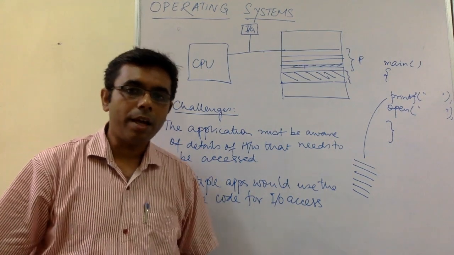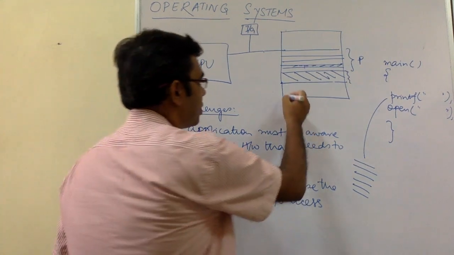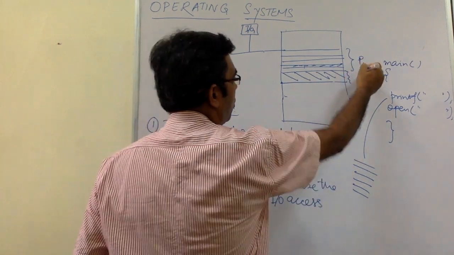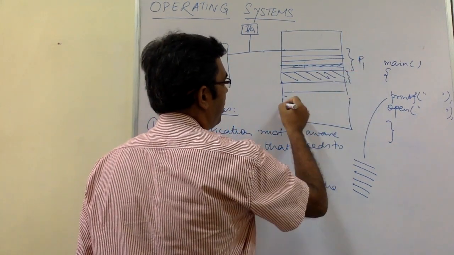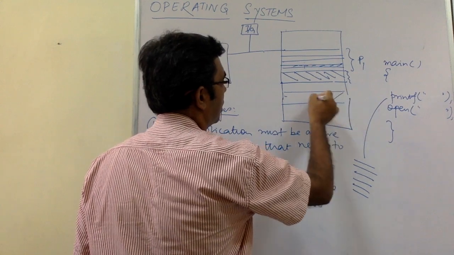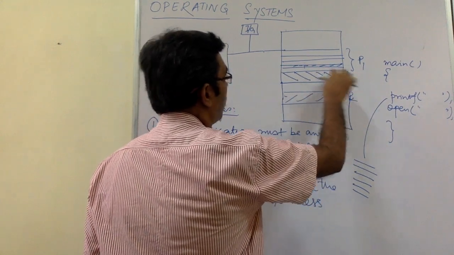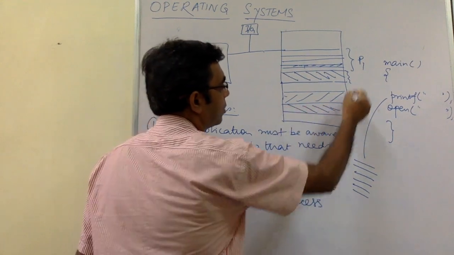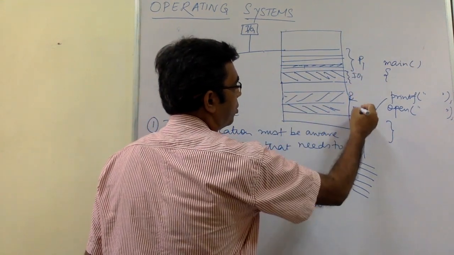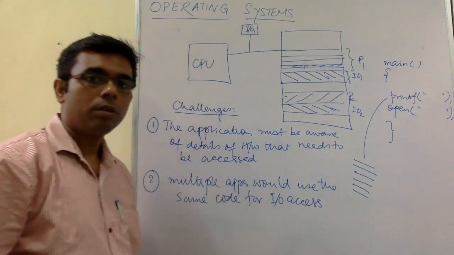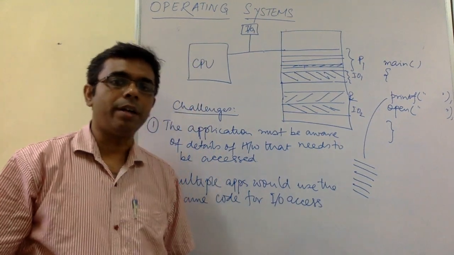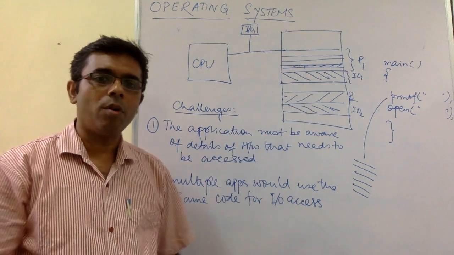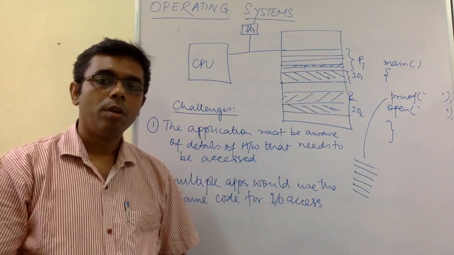So if I am running two processes, say this is P1 and this is say P2. Now P2 also requires this access. So the same code will be again replicated here. So this is for the IO1, this is for the IO2. So that's redundant because both of them are accessing the same code.